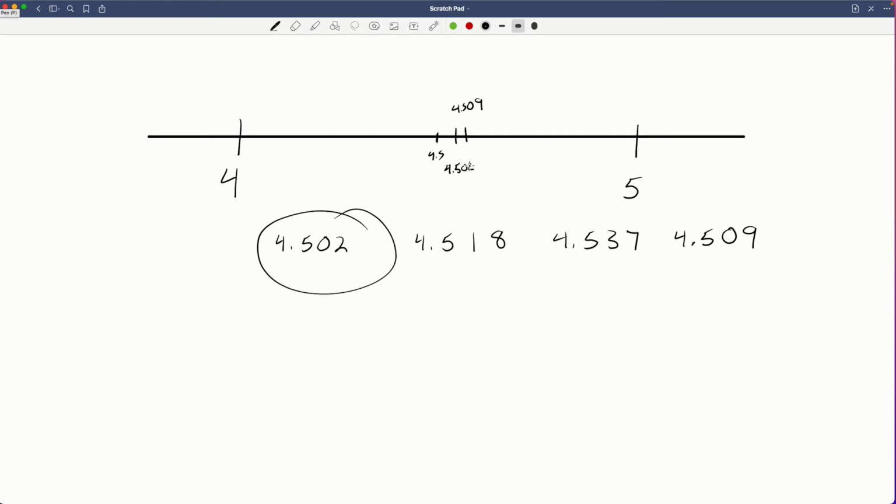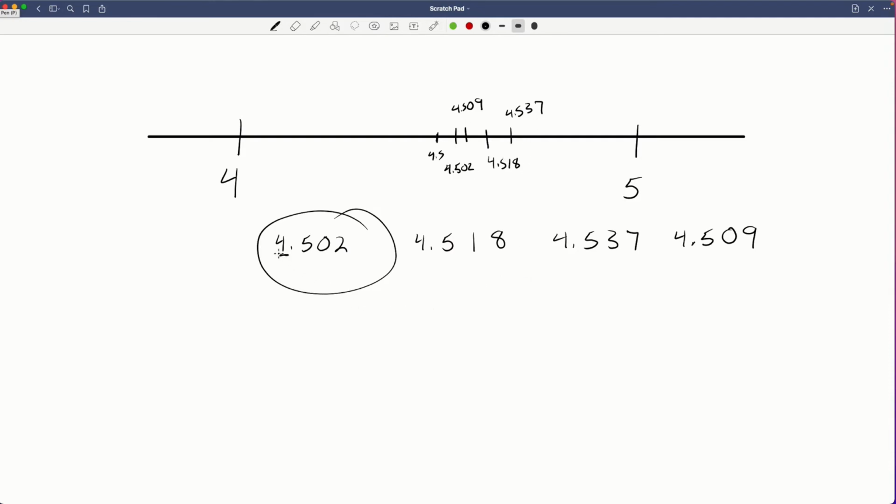The lower the number as a whole, that's the order that you put it in. You put that first. So the next number would be 4.518, and then the next number would be 4.537, because as we go from 4.5 to 5, these numbers are actually getting bigger. They're increasing. So when you go to the right on the number line, the numbers increase, so that's the order that you put them in.